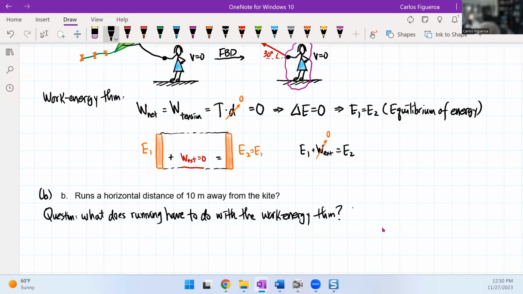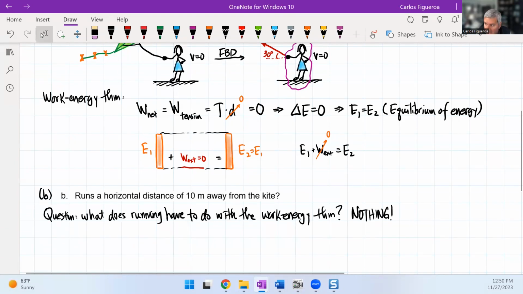And the answer is nothing. That is a decoy. Because when we look at work, work is not about that. Work is about force times distance.